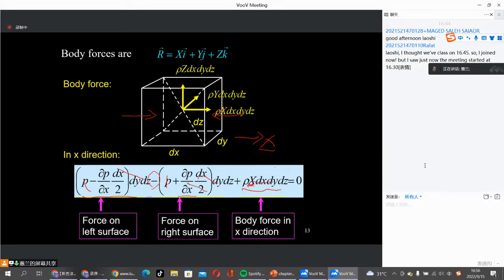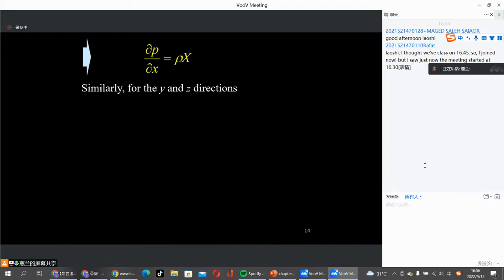So finally, it will be simplified to dp dx equal to rho X. Similarly, in the y and z directions, we get dp dy equal to rho Y, dp dz equal to rho Z.